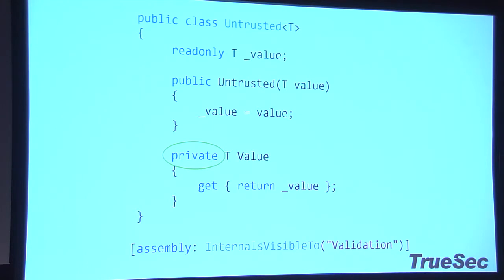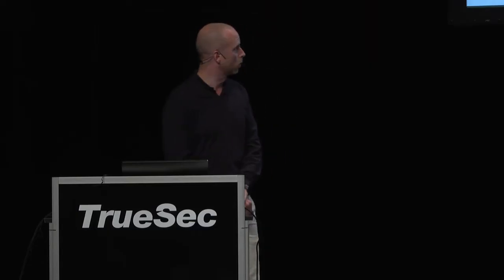And one of these assembly directives, as they're called, is something called internals visible to, where if I decorate the assembly that contains the untrusted class with this directive, it says that internals should be visible to an assembly called validation. That means that everything that is private inside of the untrusted assembly will become visible in the validation assembly. So the validation assembly can in fact call the value getter here.